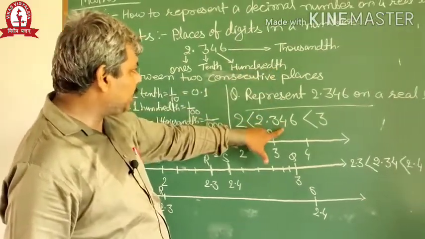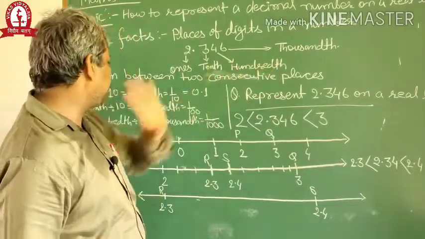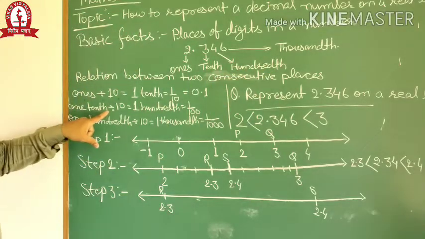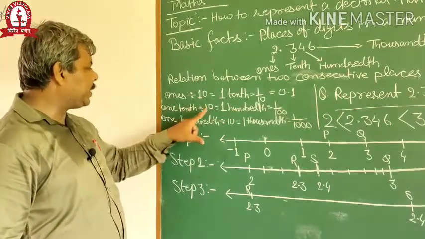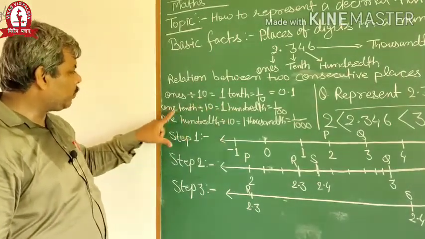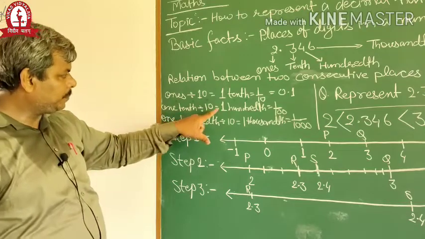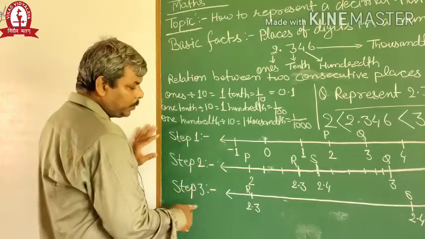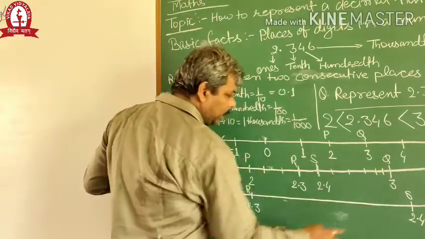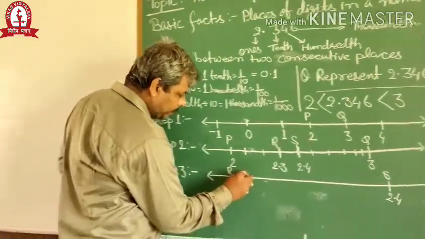The second digit is known as at 100th place, and here we see that 100th is equals to 1 by 10 of 1/10, or 1/10 divided by 10 equals to 100th. So again we divide this distance into 10 equal parts.